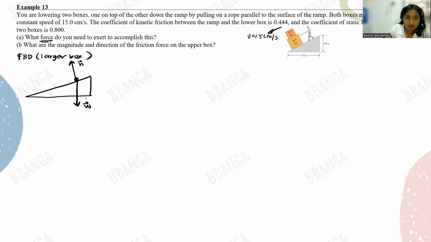Okay. And then, sabi niya dito, may pull, di ba? So, hinihila. So, may tension. And at the same time, meron tayong friction between the ramp and the lower box. Yung lower box yung mas malaki. So, kung pababa yung box natin, ibig sabihin yung friction ay on the opposite side. So, papunta dito.